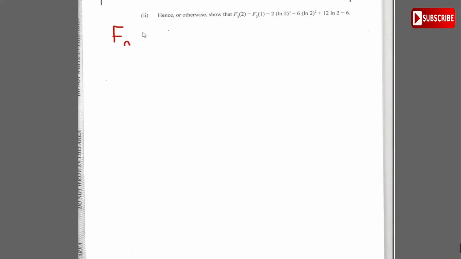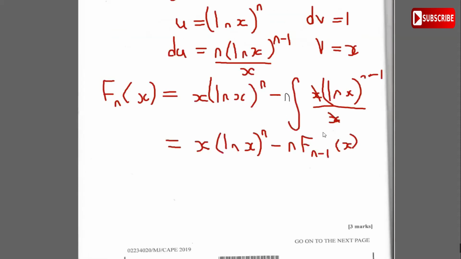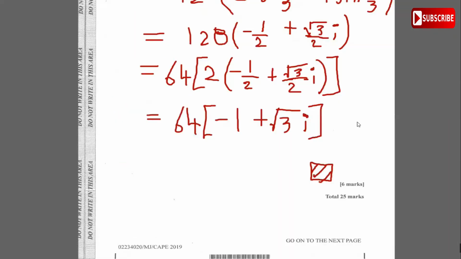We're going to use the fact that fn x is equal to x (ln x)^n minus n times fn minus 1. That's what hence means: use the knowledge that you just showed to prove this question above. Otherwise means you can do something else, but we're going to go hence.